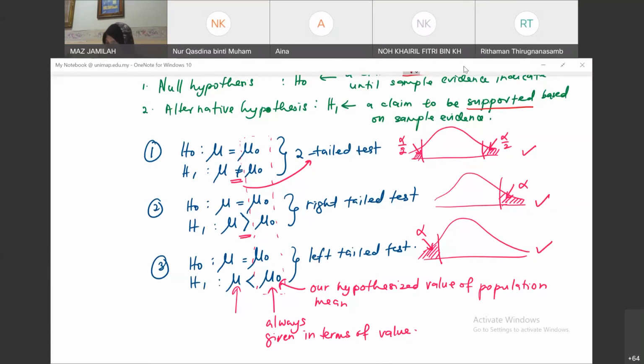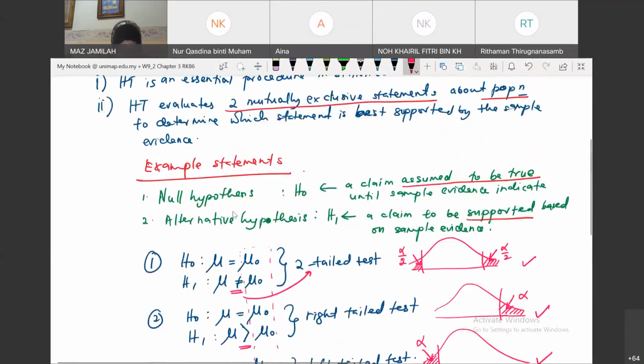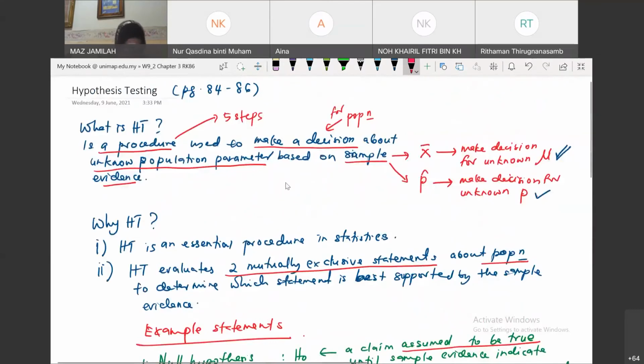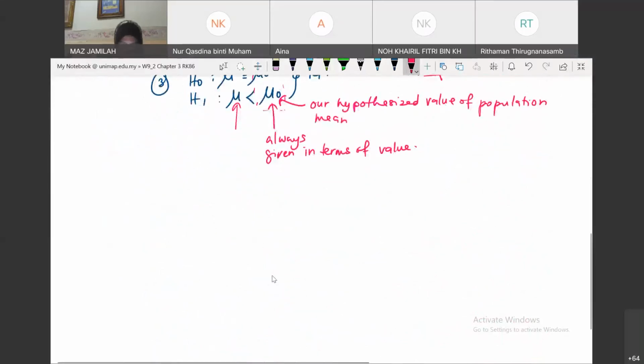Now we have discussed what hypothesis testing is and why. Now we are talking about how to perform hypothesis testing, HT.